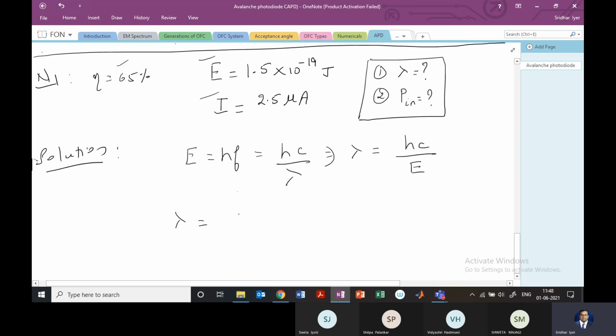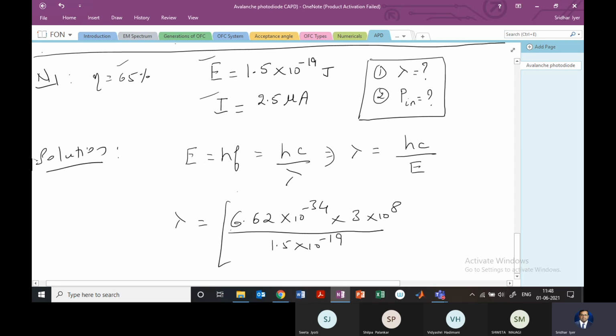So lambda in this case will be h, which is 6.62 into 10 raised to negative 34, into c, which is 3 into 10 raised to 8, divided by the energy which is given to us, which is 1.5 into 10 raised to negative 19.